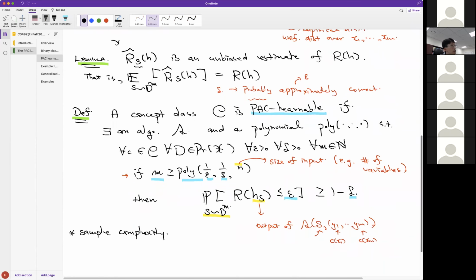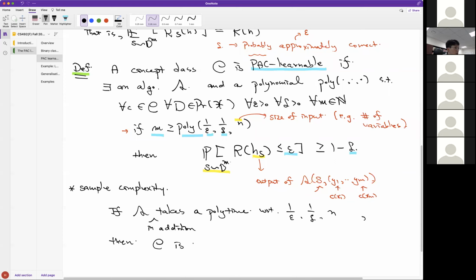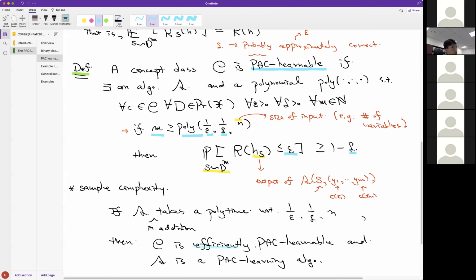If we require that the algorithm should take polynomial time, then we say the concept class C is efficiently PAC learnable. That is, if algorithm A takes polynomial time with respect to 1 over epsilon, 1 over delta, and n, then A is called a PAC learning algorithm.